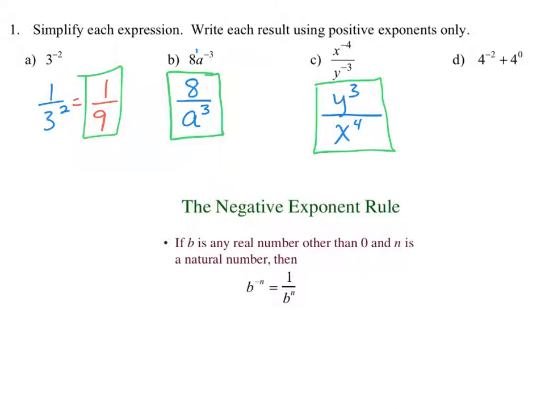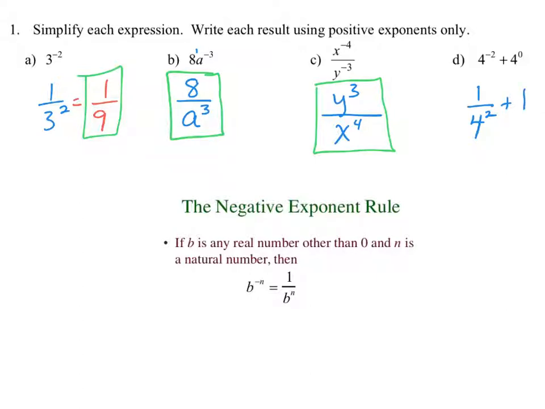In part D, we have 4 to the negative 2 plus 4 to the 0 power. 4 to the negative 2 can be written with a positive exponent by writing 4 to the positive 2 in the denominator. And we remember from our previous rules of exponents that any number raised to the 0 power is 1. So 4 to the 0 power is 1.